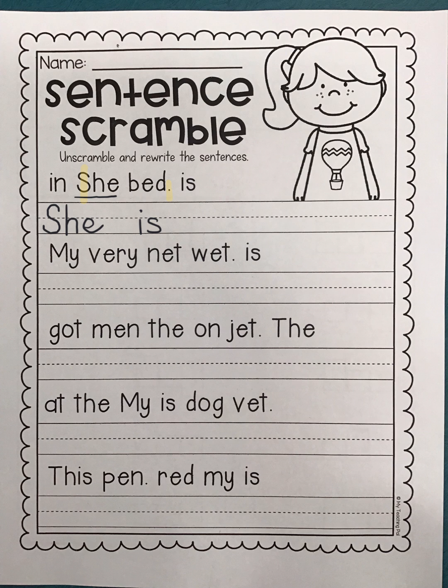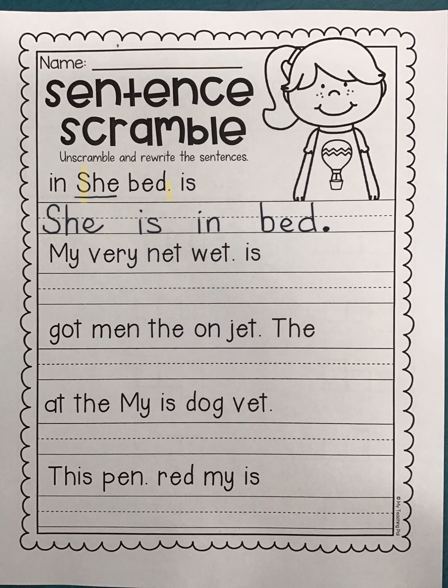Is. Finger space, in. Finger space, bed. Bed, with that period at the end. With every sentence, we need a capital, finger spaces between words, and a period at the end.